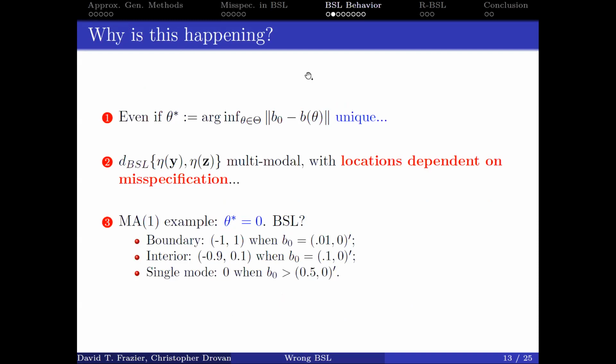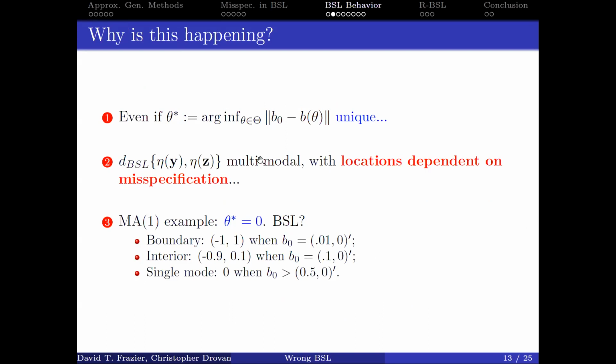Now, the real kicker here for me is that if I were to do ABC, say in that MA1 example, you can actually show that this limit minimizer of that criterion function exists, it's unique, and it's actually 0. So what you can show is if you were to do ABC in that MA1 example, the ABC posterior is unimodal, and it concentrates onto theta star being 0.